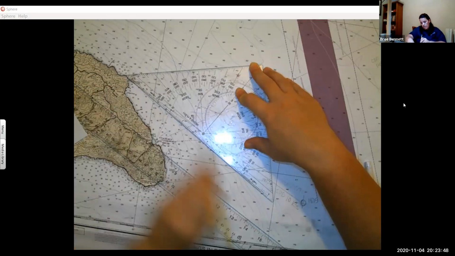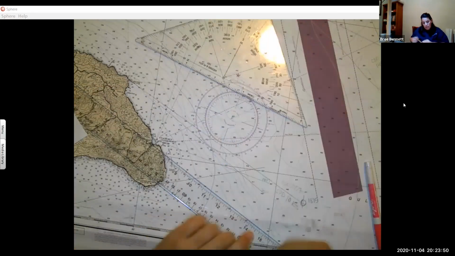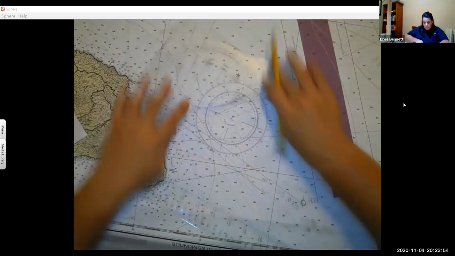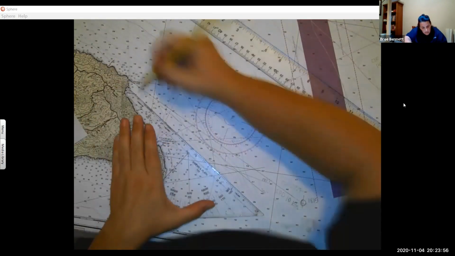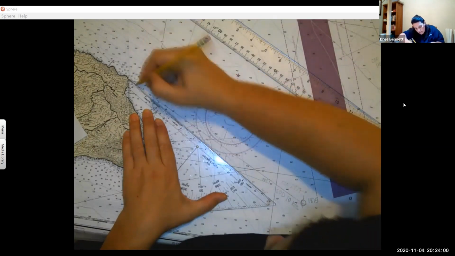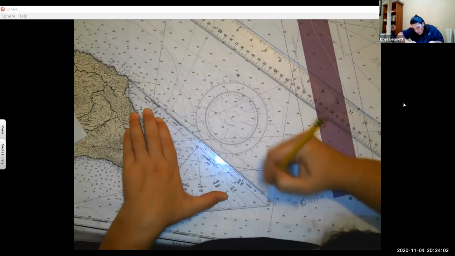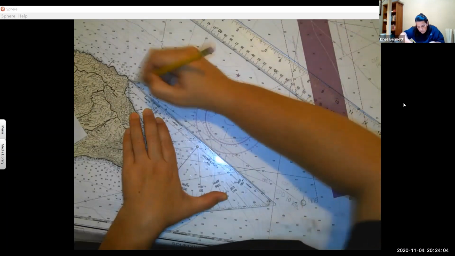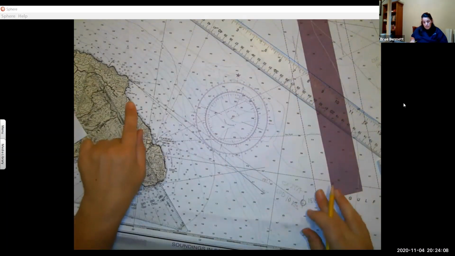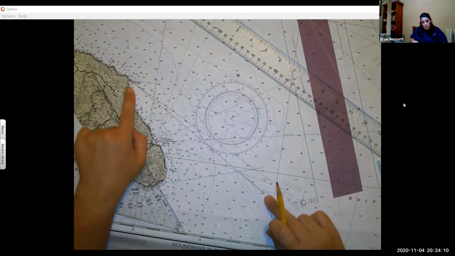And I can draw in my bearing line of 302. So let's try to make it dark here. So this is my bearing line of 302.